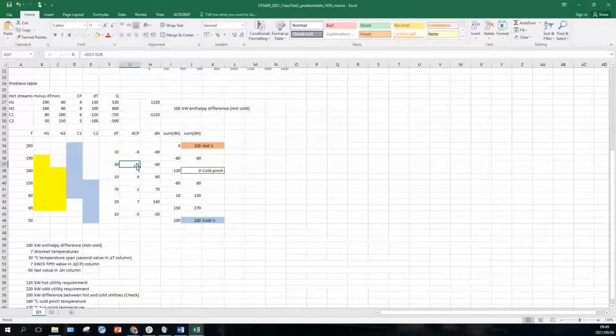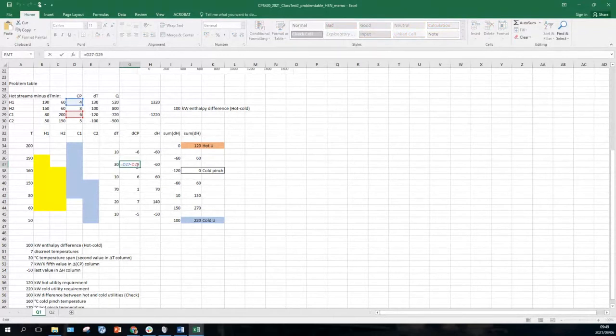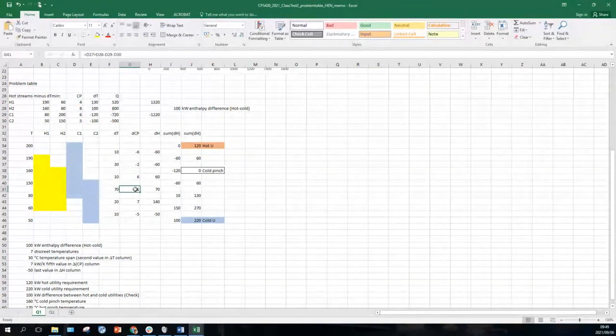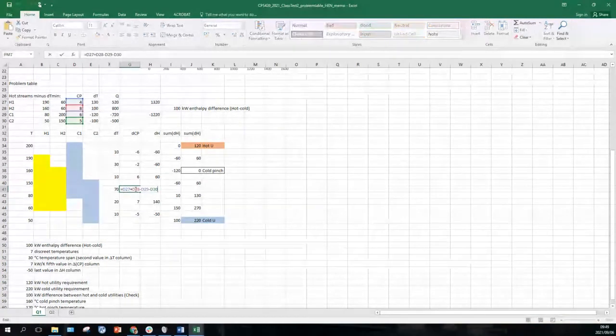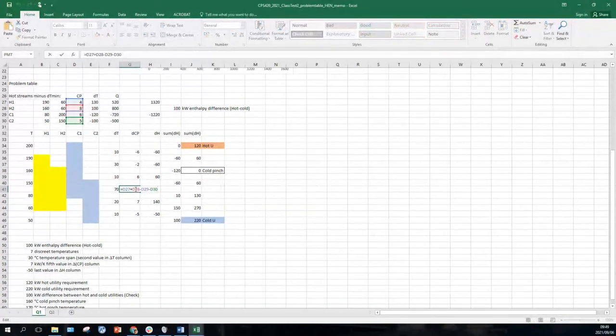Let's see if I've got a formula there. Oops, wrong one. There we go. Okay. And similarly, this one is H1 plus H2. This one is this interval here, plus H1 plus H2 minus C1. Again, the wrong button.